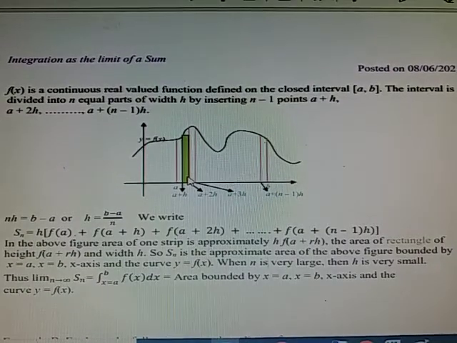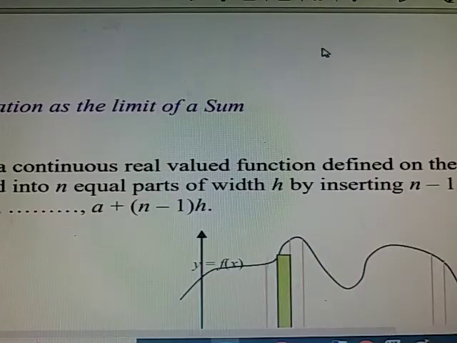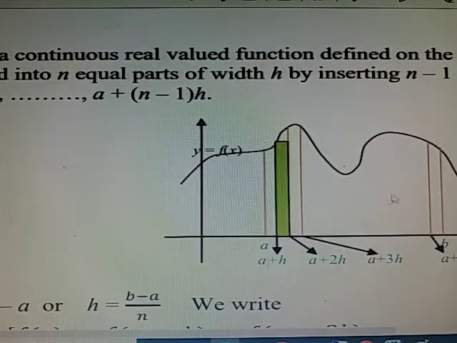Now consider one strip here. Each strip has width h and a length, you see this green strip. The left side is here. So this strip is the lower part.